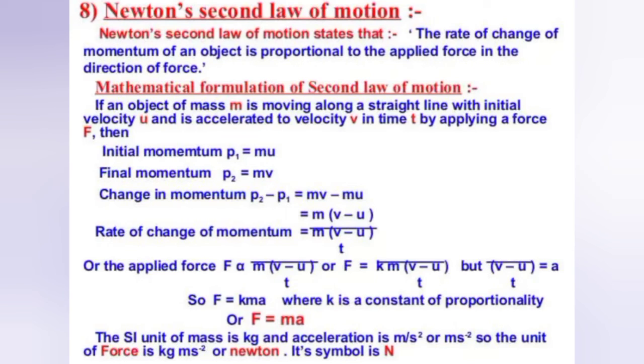That is, 1 unit of force is equal to k multiplied by 1 kg multiplied by 1 meter per second squared, so the value of k is equal to 1.